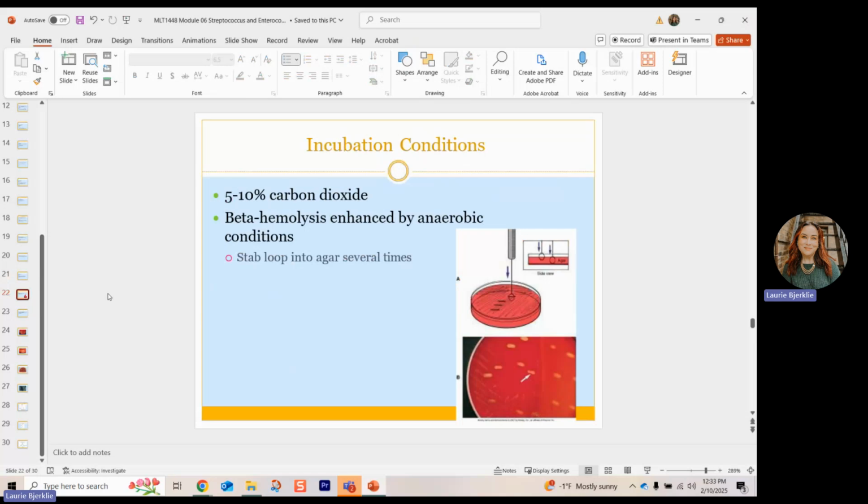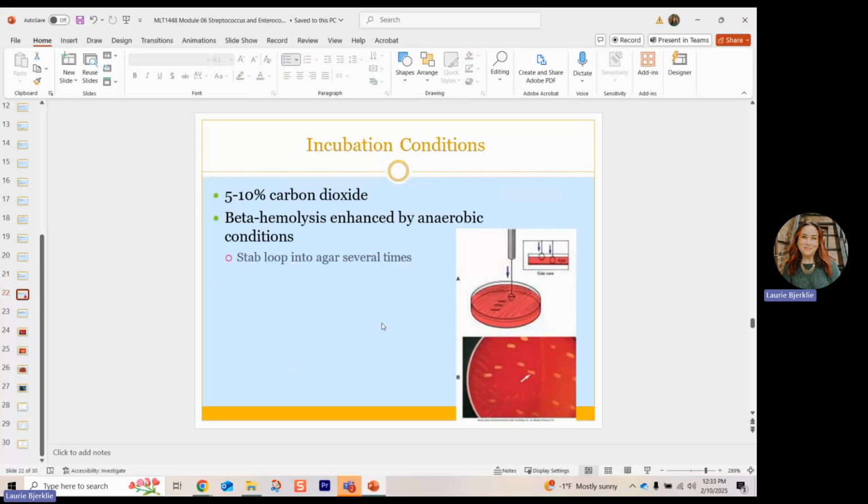If we are specifically looking for the beta hemolytic streps, like strep pyogenes, strep agalactiae, a lot of times you might see stabbing on the agar plates. It's showing you the stab marks here in this diagram. That is just because it's enhanced by anaerobic conditions. We call it a facultative anaerobe. Those stabs really allow that beta hemolysis to be enhanced.